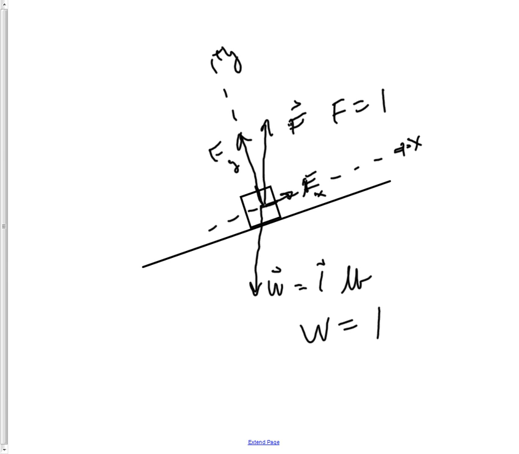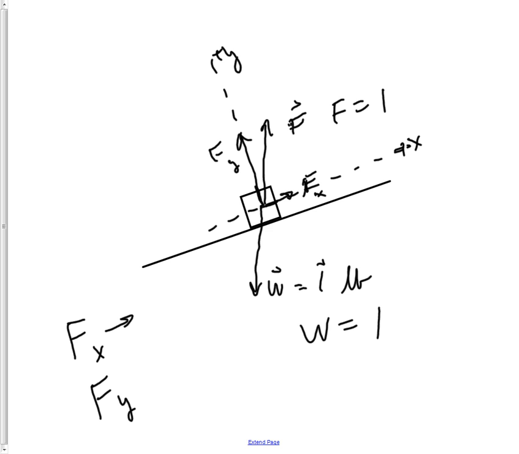Those 2 components of the force that the table exerts on the coffee cup are qualitatively different kinds of forces, because F sub x is a force which is keeping that coffee cup from sliding, and F sub y is the force that is keeping that coffee cup from breaking through the tabletop.